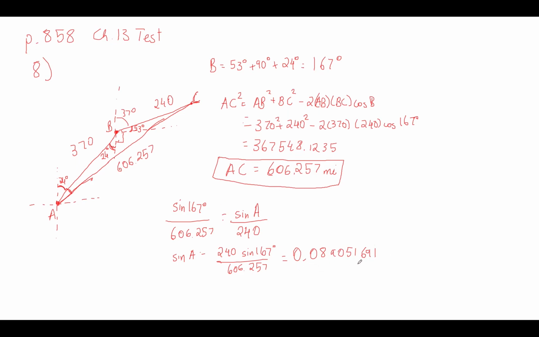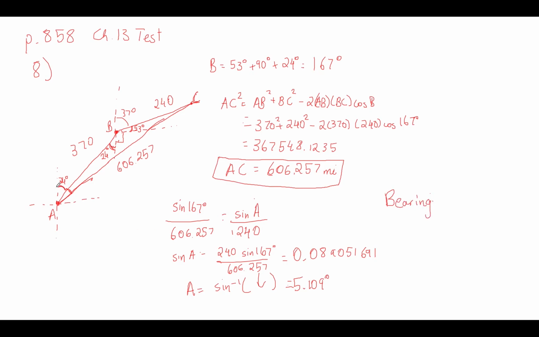I'm just gonna take what the calculator gives me and then do the inverse sine on it. So I take inverse sine of this, and I'll get 5.109 degrees. So angle A is 5 degrees.